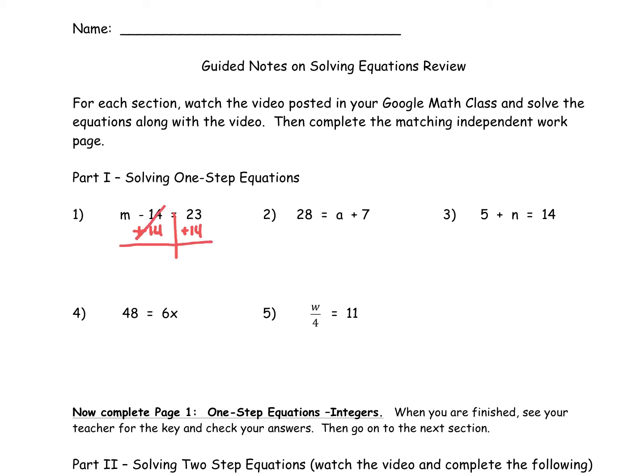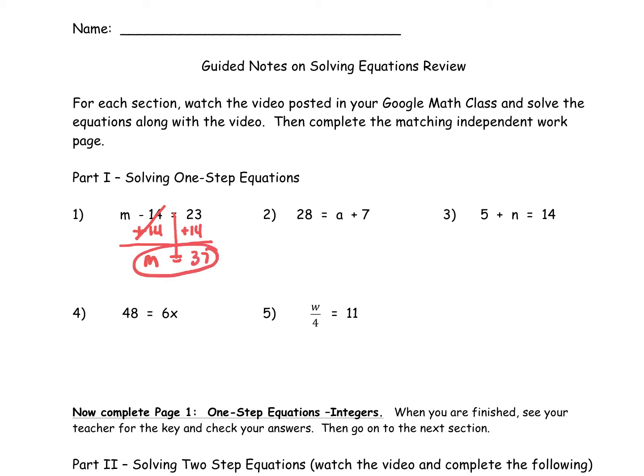It cancels out when you do an opposite or inverse operation, one undoes the other, leaving our variable m, which is what we want, and then 23 plus 14 is 37. And this is known as a solution.